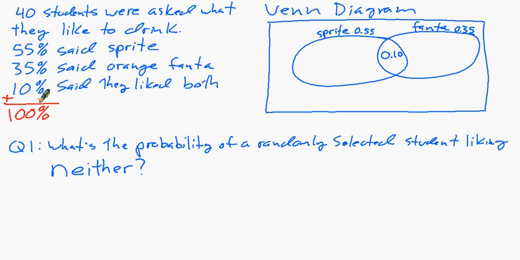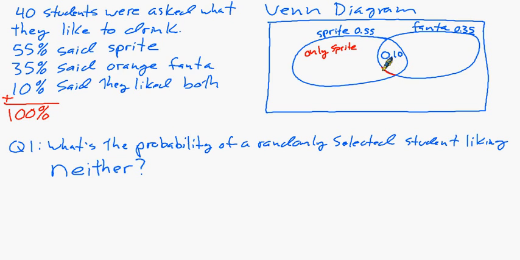What we're actually doing here is, it doesn't seem like it, but we're counting this 10 twice. What we need to do, and this is why drawing the Venn diagram I think is so useful, is figure out how many like only Sprite.